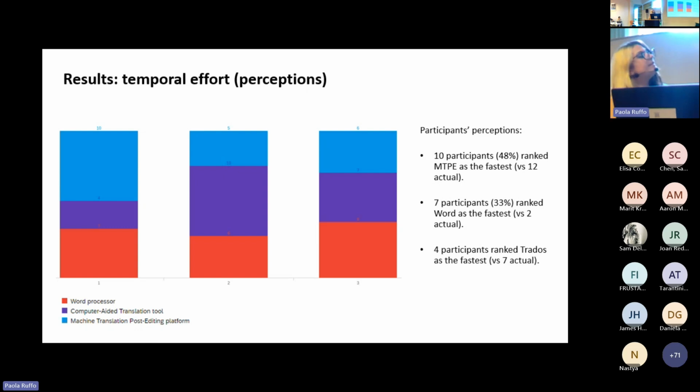So you can see there's a tendency to rank Word as being faster than it actually was. And post-editing and Trados, so the translation technology tools, are usually ranked as being slower than they actually were. So participants felt Word was fastest anyways, even if it really wasn't. It was only the fastest for 2 participants.